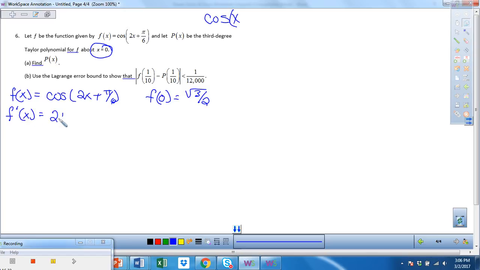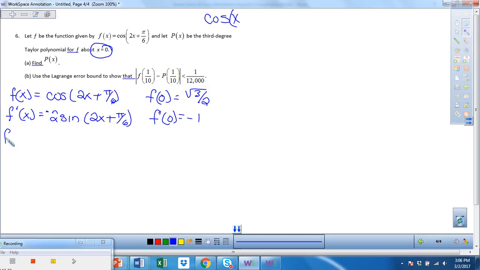2 cosine, I think I forgot how to take the derivative. That is negative 2 sine of (2x plus pi over 6), which gives me f prime of 0 is negative 2 times the sine of pi over 6, which is negative 1.